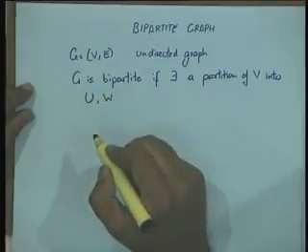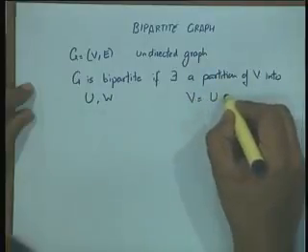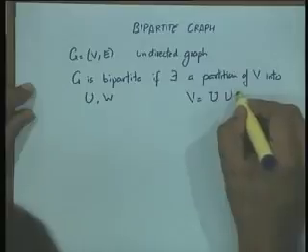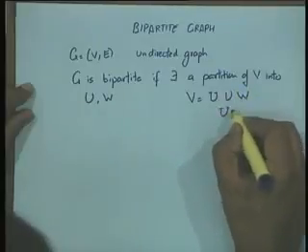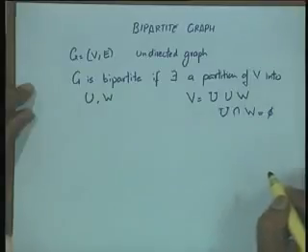What does partition mean? V equals U union W, U intersection W equals null. Right?